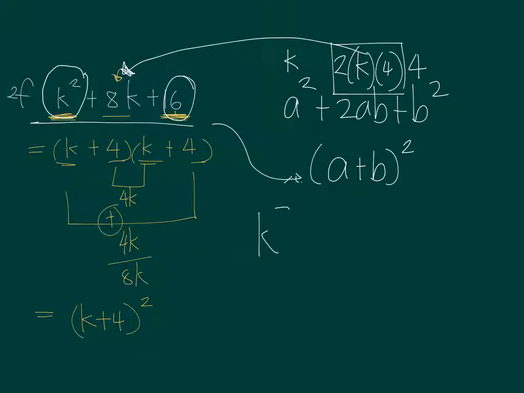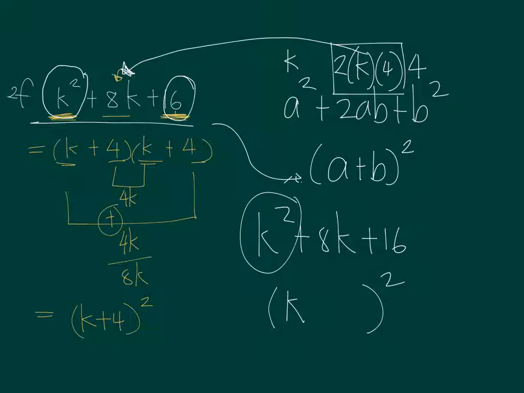So factoring k squared plus 8k plus 16, you could already set up parentheses squared, and the first term is basically the square root of k squared, and the second term is the square root of 16, which is 4, and then this is plus. Okay, and you have arrived at the factored form immediately.